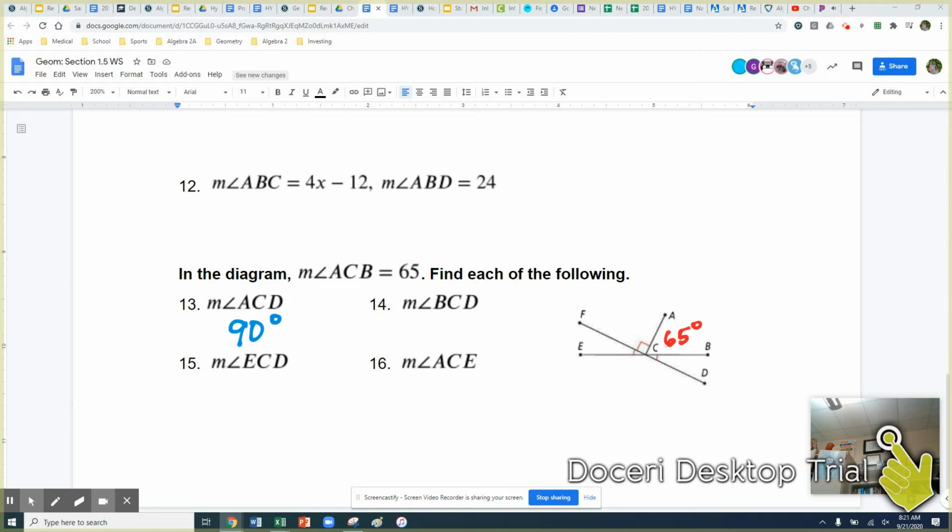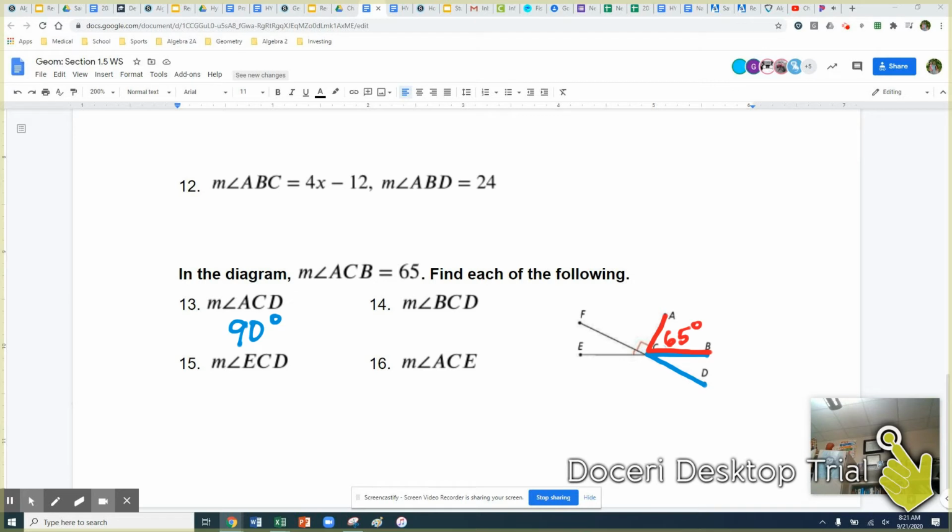Now we look for BCD. So now we're looking from B to C to D. And BCD, if I look carefully, is going to combine with ACB, which I already know is 65. We just looked at this angle together, so ACB and BCD together are making that angle ACD.